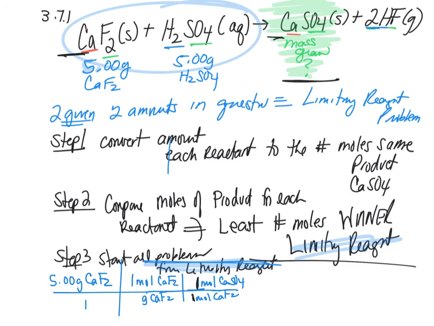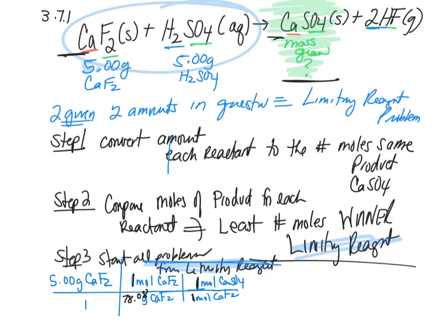Where do I get this number? Molar mass. I have to look at my periodic table, and I see that fluorine has 19.00, so there's 2 of them, plus my calcium, 40.078, so this is 78.08.